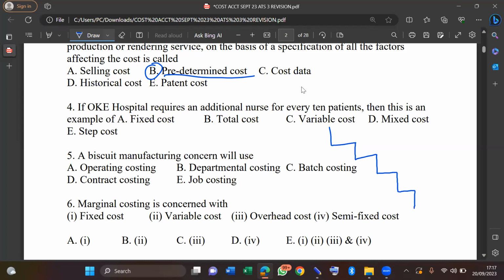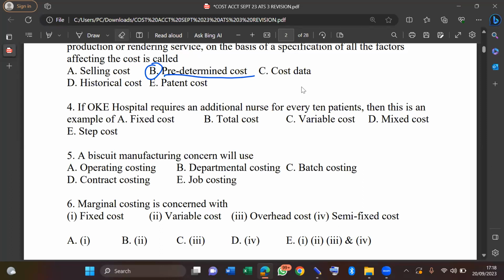So a step cost is just a cost that is constant for a given level of activity and also increases or decreases when a threshold has been reached. A step cost itself is not constant permanently and it is not variable in nature.